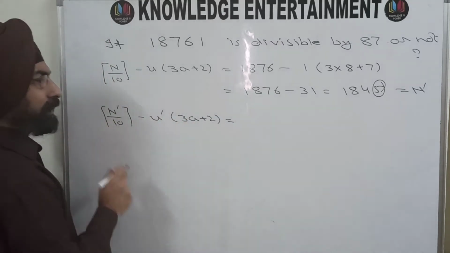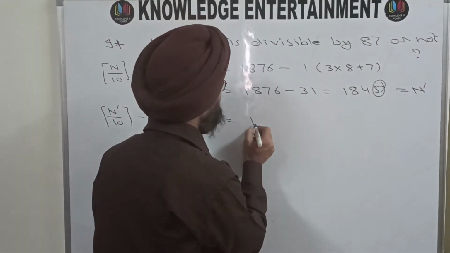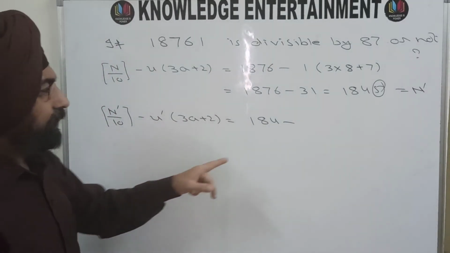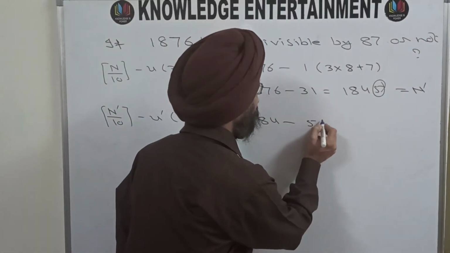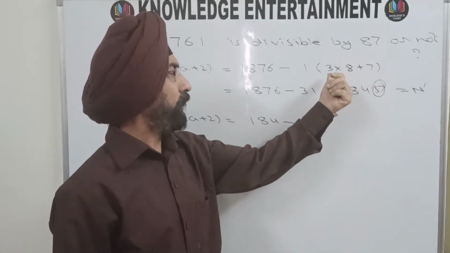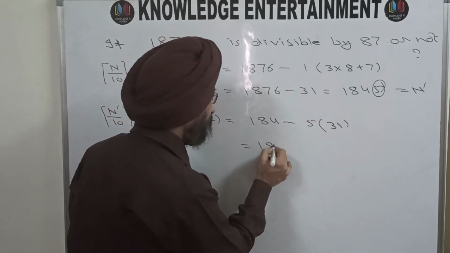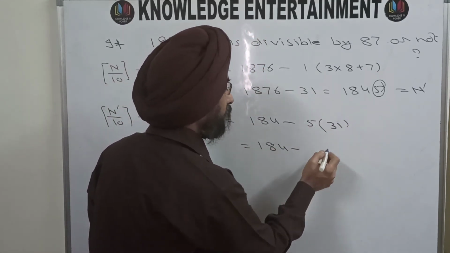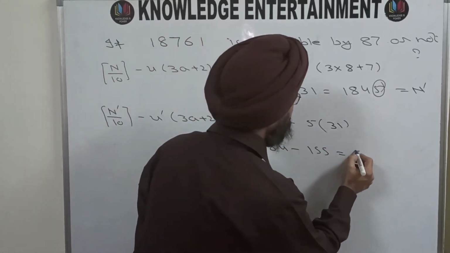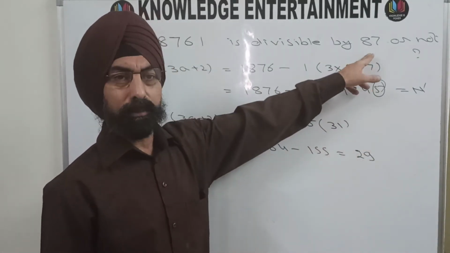So n dash by 10, once again from here the last digit will be removed, the rest of the number will be 184 minus this u dash is now 5 and within the bracket this 3a plus 2 you will get the same term, that means 24 plus 7 is 31. So what you are going to get is 184 minus 5 into 31 is 155 and subtracting you will get 29.